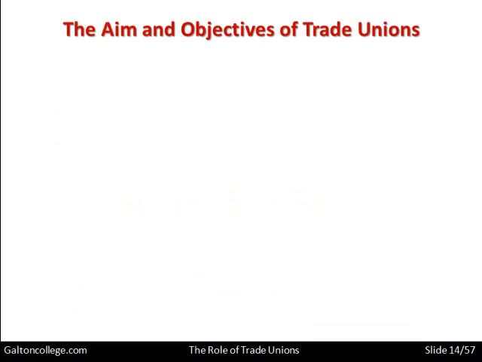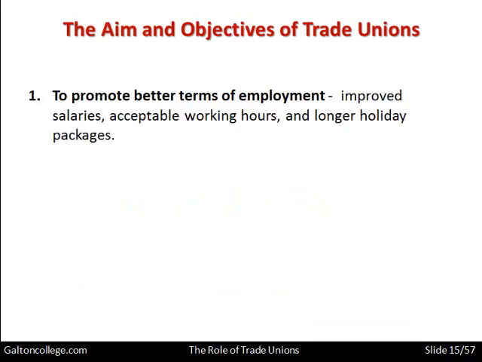Now, the aims and objectives of trade unions, well, to promote better terms of employment, improve salaries, acceptable working hours, and longer holiday packages. People are human, and as a consequence, we need time off work. We need to recharge our batteries. We need to relax.